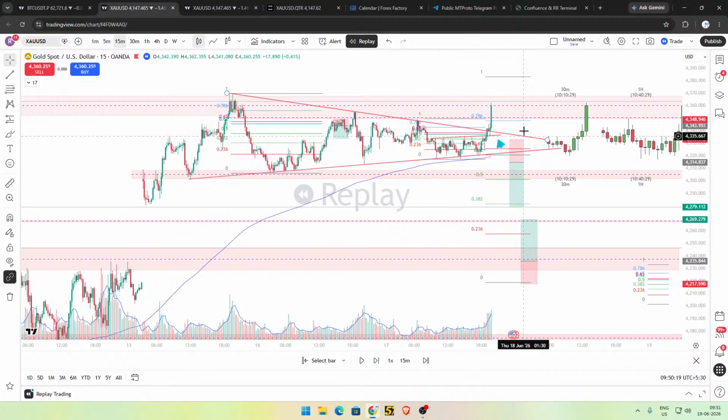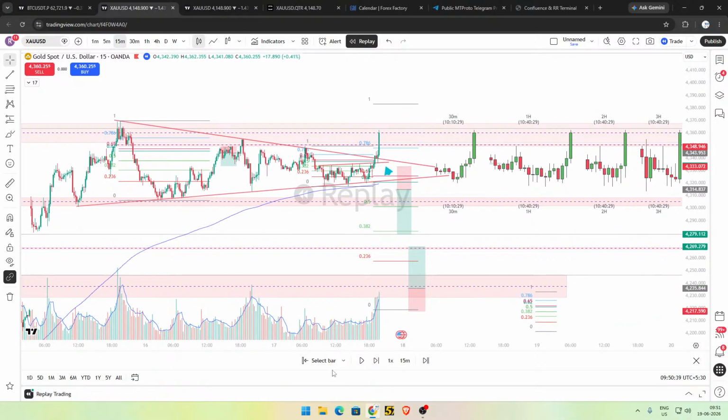But suppose it gave a seller trap here, what will work? Seller's trap will work in buy direction, and if this 200 EMA is above, then it would have fallen down.